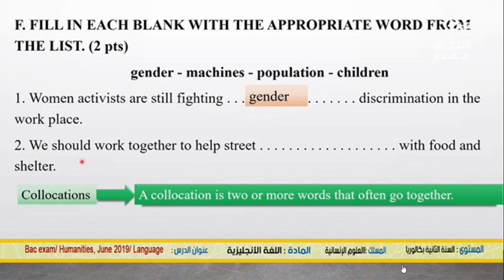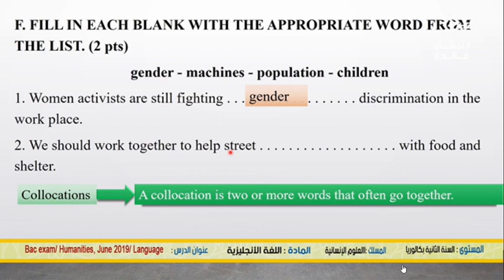Number 2, we should work together to help street gap with food and shelter. Now again, we are going to choose one word which collocates with street. So what do you think? Which one of these collocates with street?